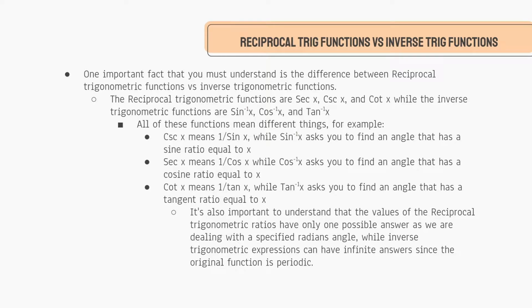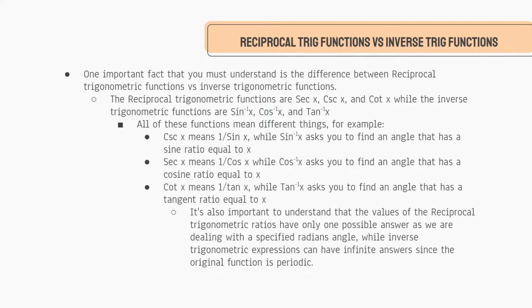So if we're talking about cotangent of pi over 4, it has to be one specific answer, because pi over 4 is our exact point on the graph, and that exact point will only have one y value, since that is the definition of a function.